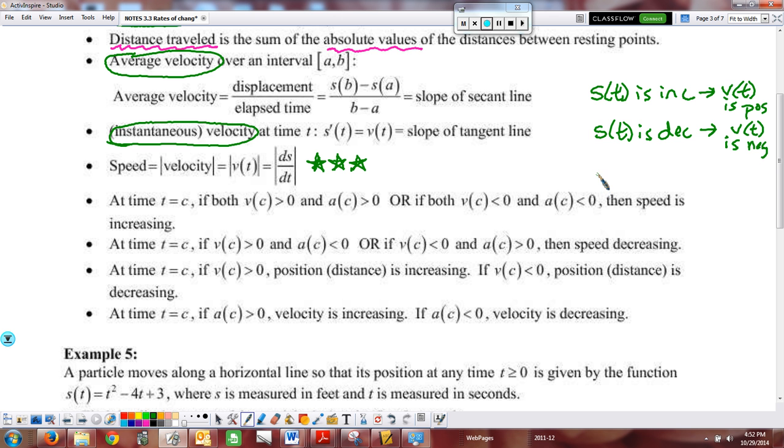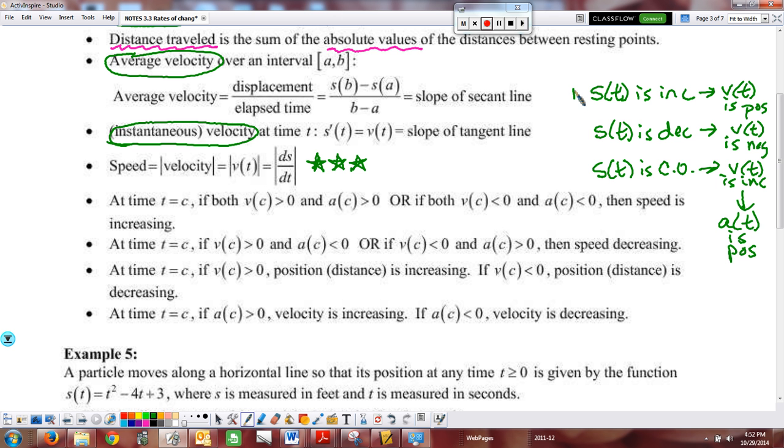If I have my position function s of t concave up, that would mean that my velocity function is increasing, which would then mean that my acceleration function, which is the derivative of velocity, is positive. Okay?